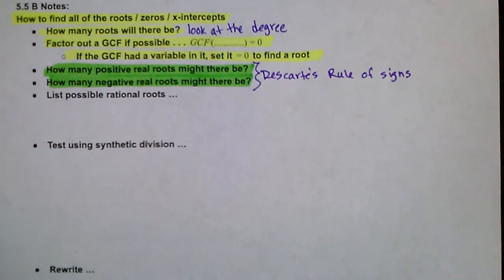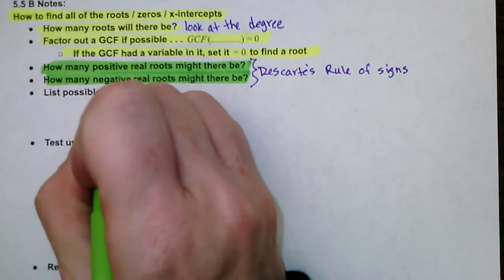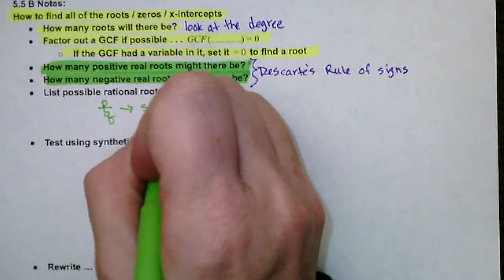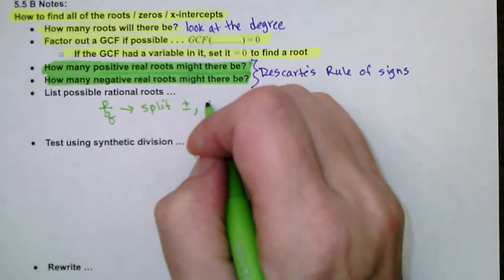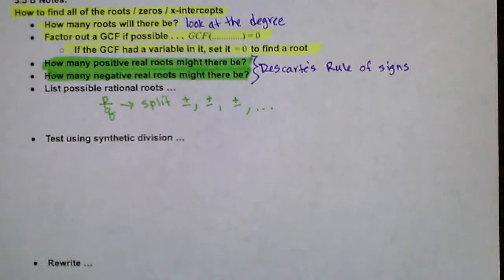Then we will be listing the possible rational roots, which was done by factors of P over factors of Q. Then we split the list and make things positive or negative, positive or negative, and so on. Then we are going to test using synthetic division.